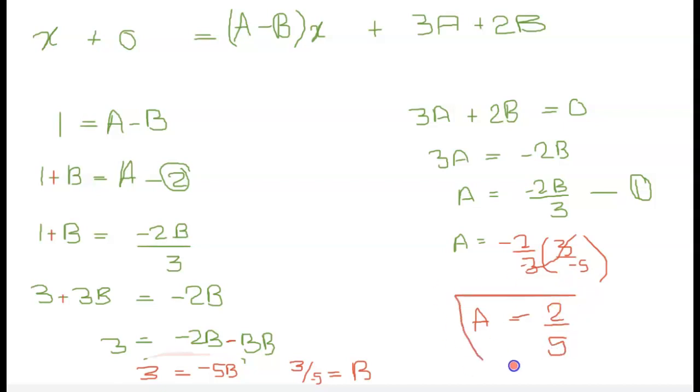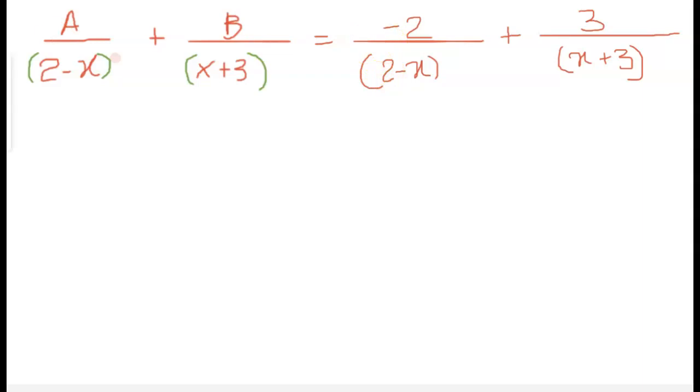Now once you got these values, you need to plug these values in here. A is 2 over 5, so instead of a, you put 2, and instead of b, you put 3 over minus 5. But when you put minus 5 here, it will make this a minus, and that will just become a normal 5. So this is how we do partial fractions. Okay.